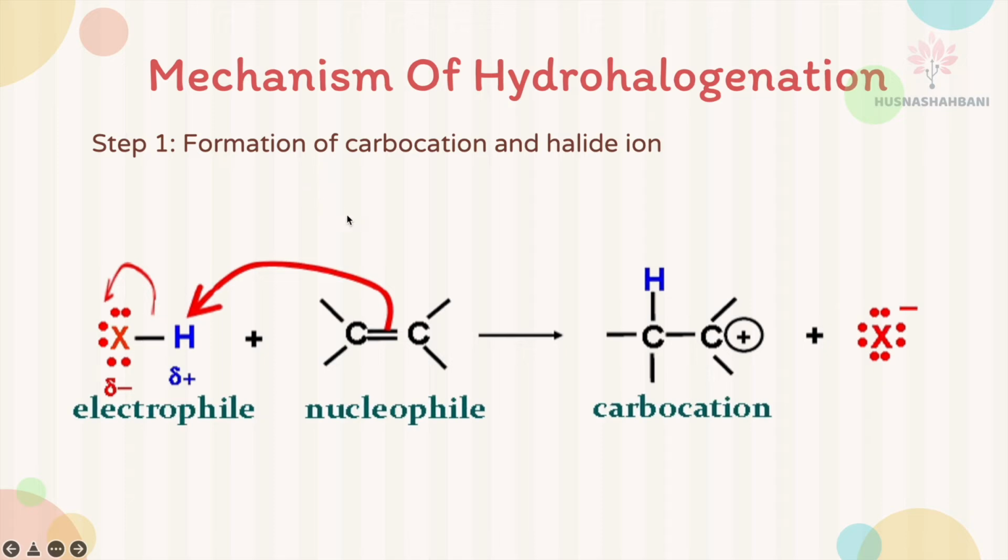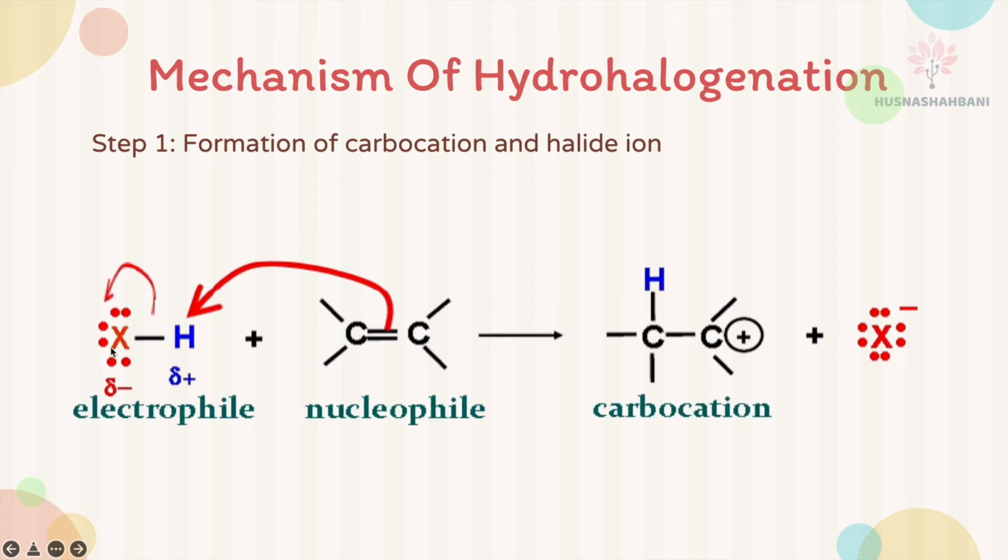Step number 1, we start with the formation of a carbocation and a halide ion. We know that the alkene has a high density of electrons at the double bond, making the alkene a nucleophile. So the double bond is the nucleophilic site. It will attack the hydrogen of the haloalkane, because this hydrogen is partially positive.